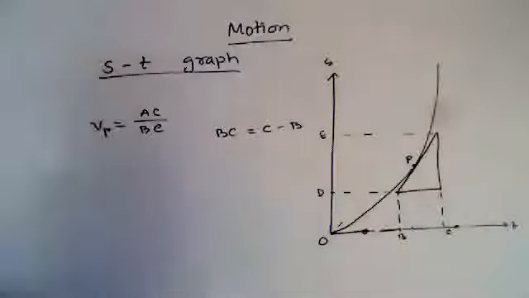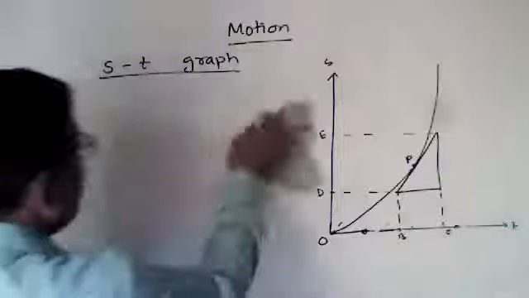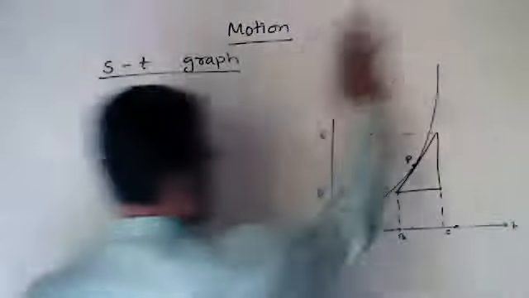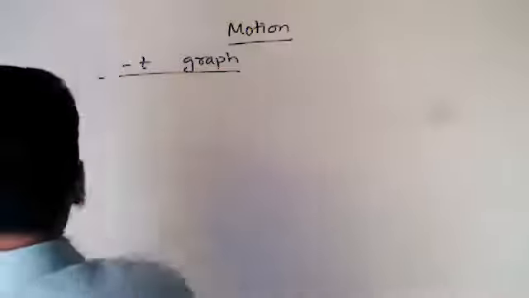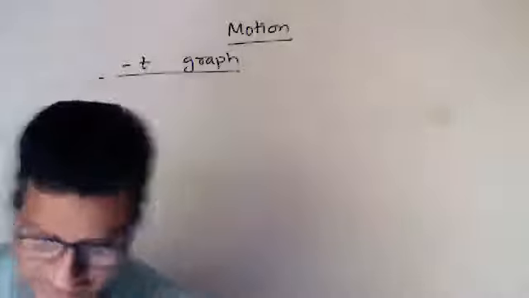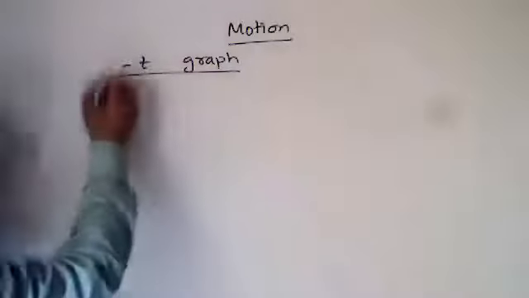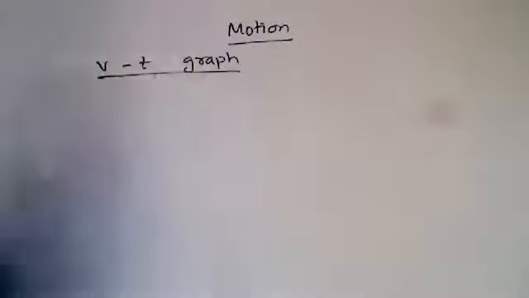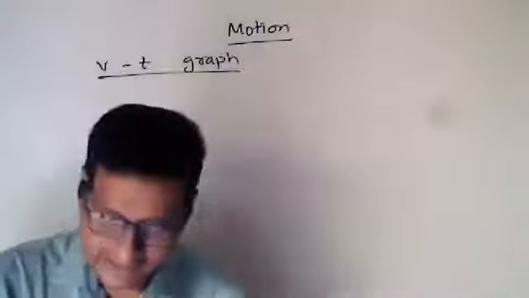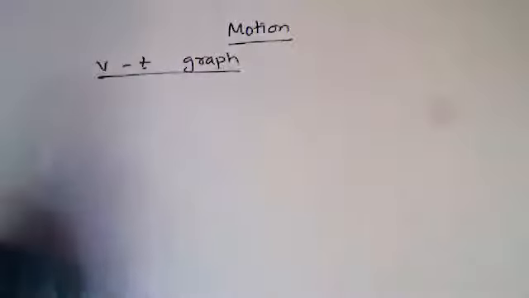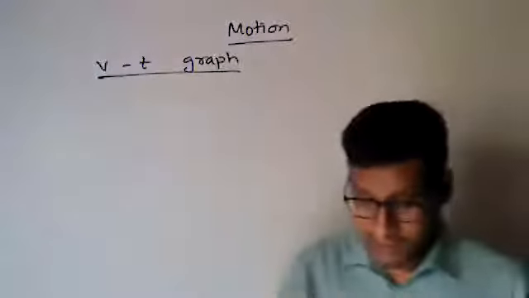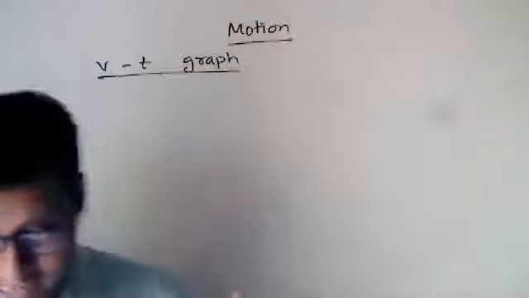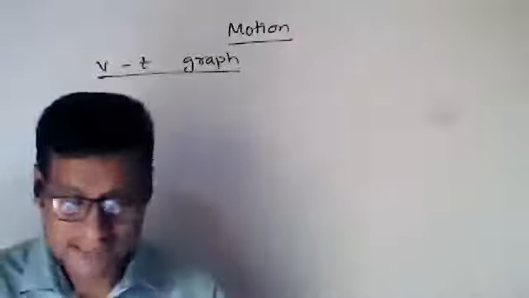Okay. Now we discuss the velocity time graph. From the velocity time graph, we can determine the acceleration. We have already learned that the graph with respect to time always has time on the x-axis and another quantity on the y-axis.